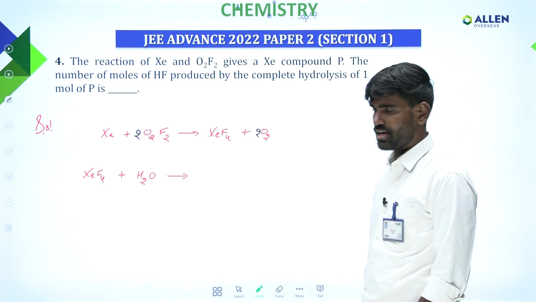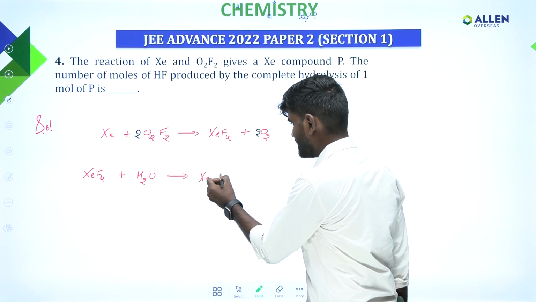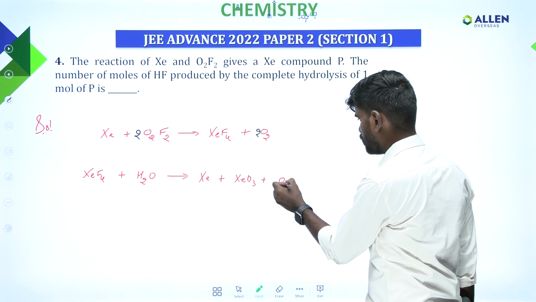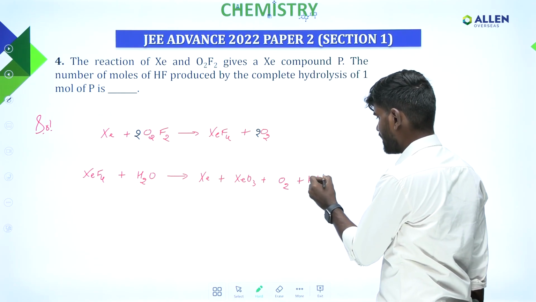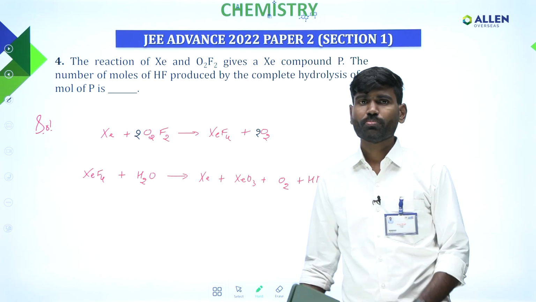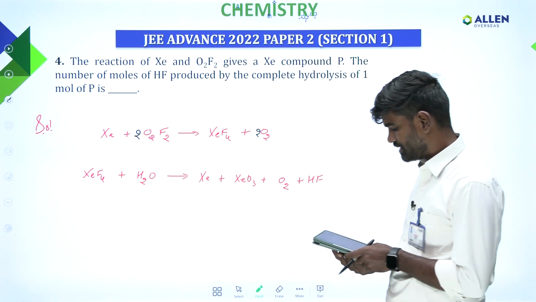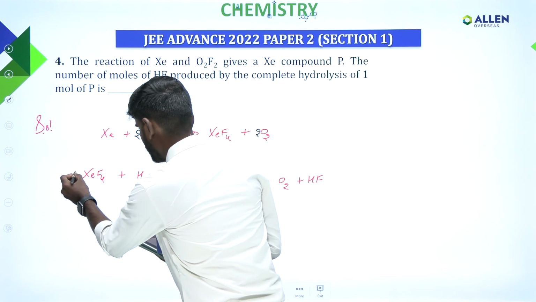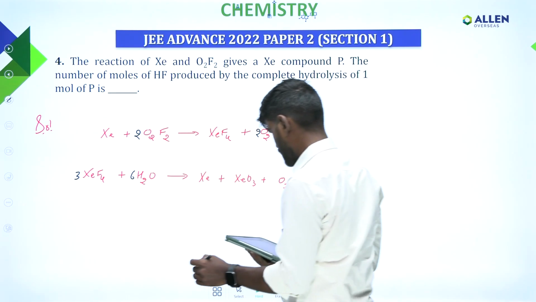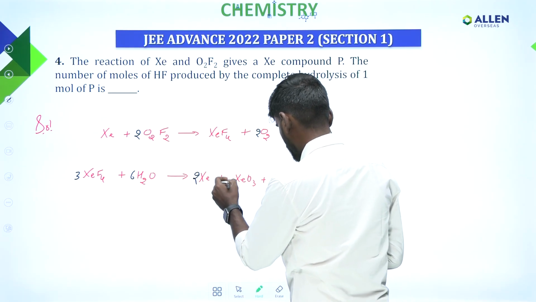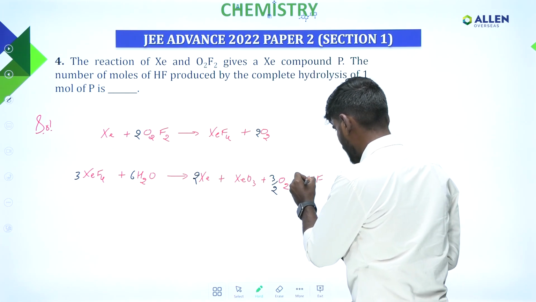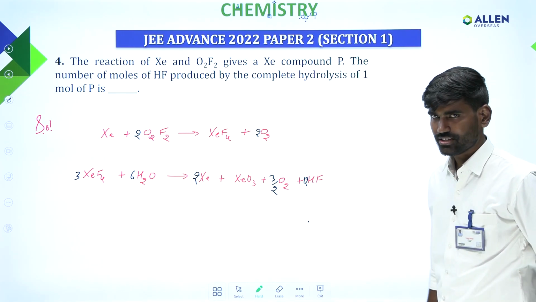Here what do you get as the hydrolysis products? You get Xe plus XeO3 plus O2 plus HF. Now you need to balance this reaction. I have done the balancing, you all can do that. It is simple. The balancing of this reaction gives you 3 over here, 6 over here, 2 over here, and here comes 3 by 2, and here comes 12 HF, right? This is the balancing of this reaction.